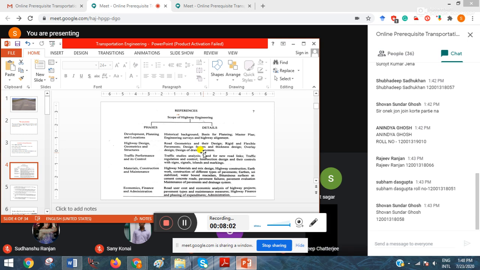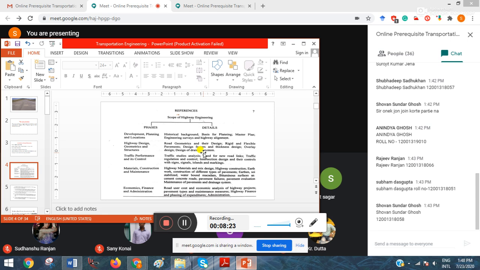So in highway engineering, normally these aspects are already involved, which I have just said. But along with these different aspects, some other aspects are also there. Which are these aspects?